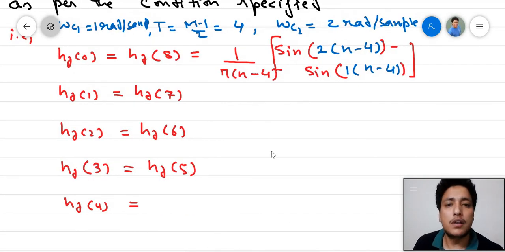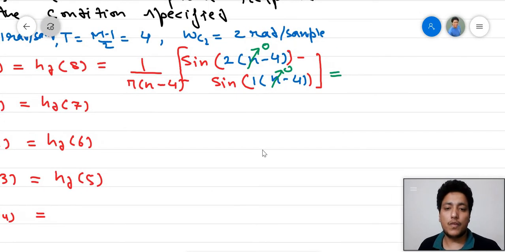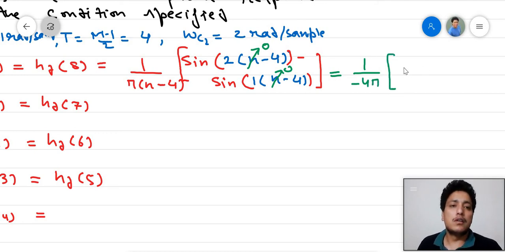Now putting the value n equals 0 will give 1 by minus 4 pi times [sine minus 8 minus sine minus 4].